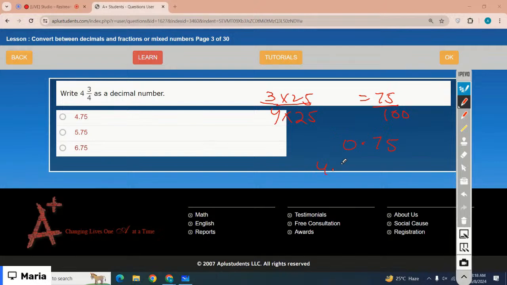The whole number is 4, so that is 4.75. The correct option is 4.75.